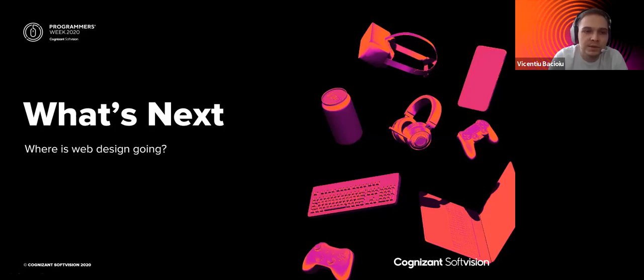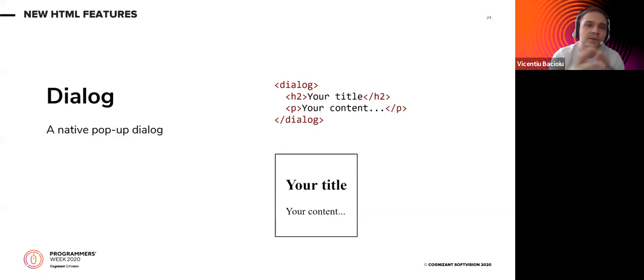So what's next? Well, where is web design going? A new HTML feature is the dialog. You can have some content in here. You can add buttons. And the beauty of it is that you have pure HTML, CSS for styling, and JavaScript for the interaction.